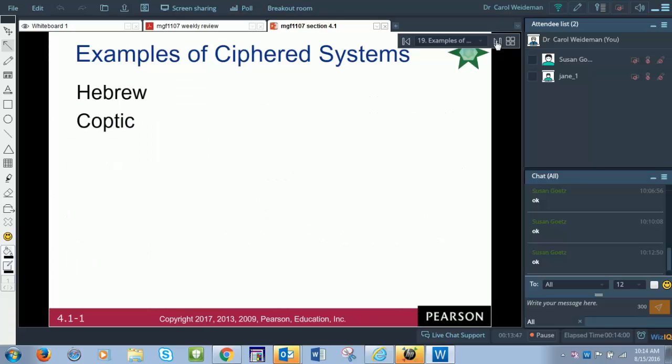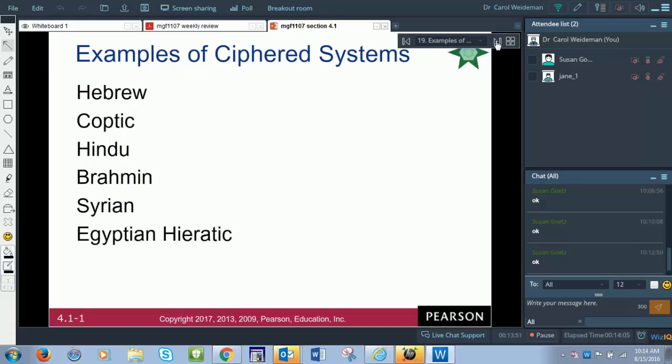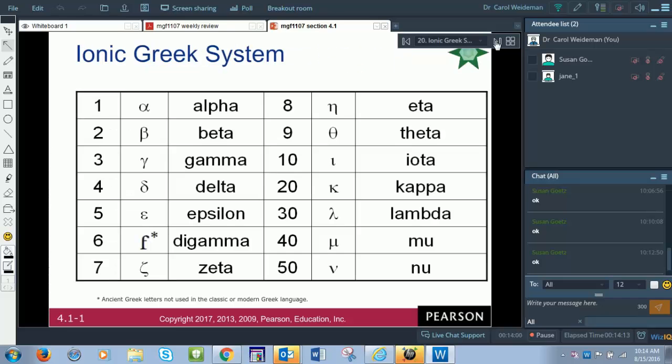Now, here are some examples of ciphered systems different cultures used: Hebrew, Coptic, Hindu, lots and lots of places. Each of them would use their own symbols, obviously, but we're just going to talk about the Ionic Greek. If you notice, there are lots of symbols here.